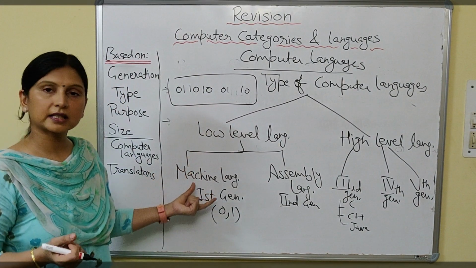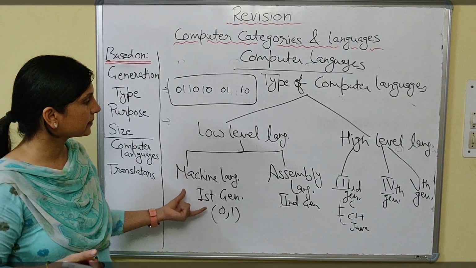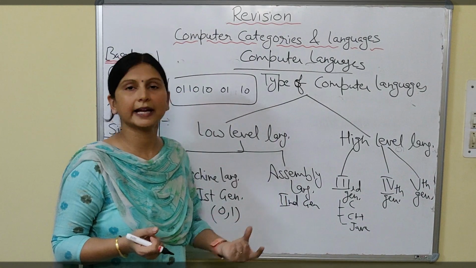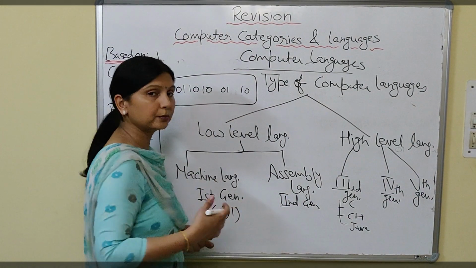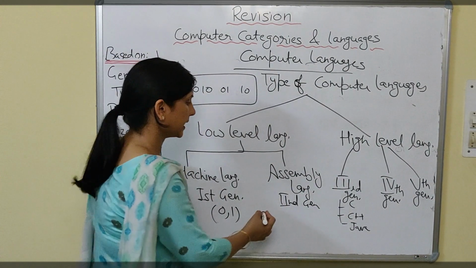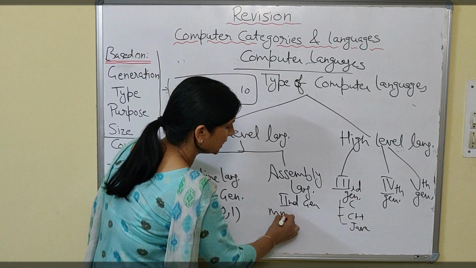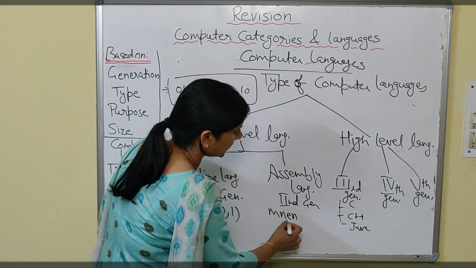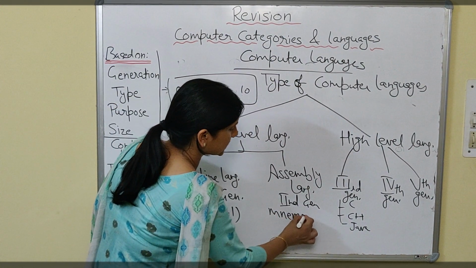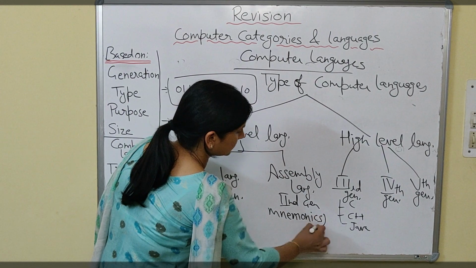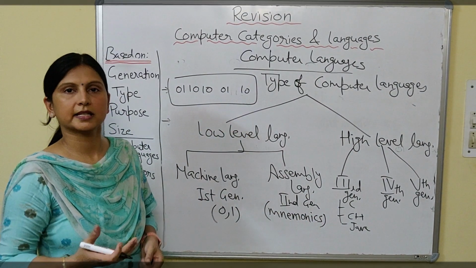Now to overcome these disadvantages, we invented assembly language. And in assembly language, what was the improved feature? We started using mnemonics. The M will be silent: mnemonics. Now what are mnemonics?